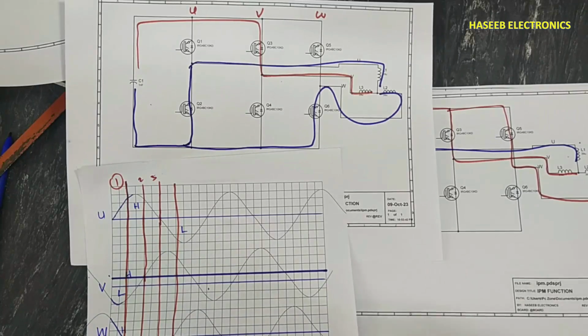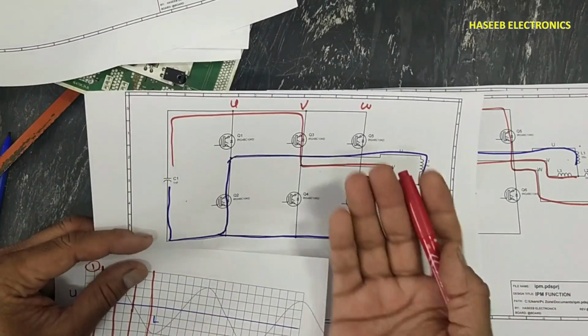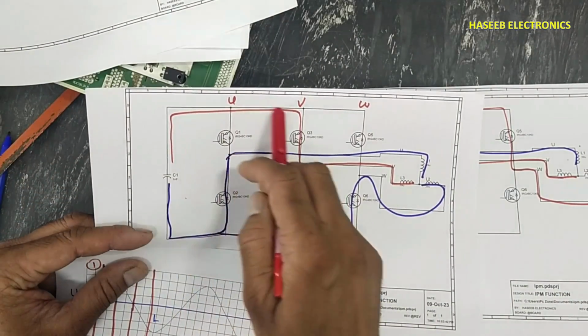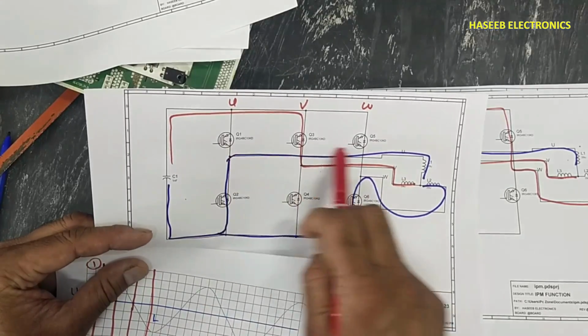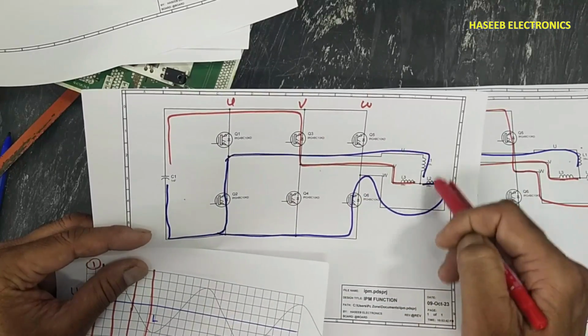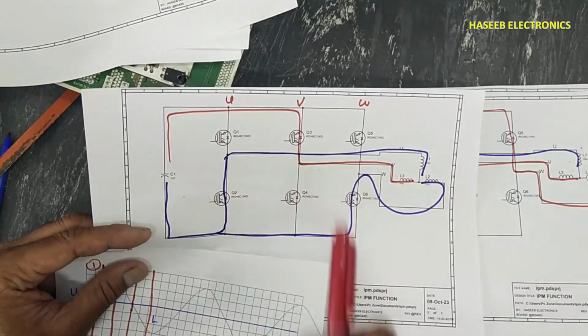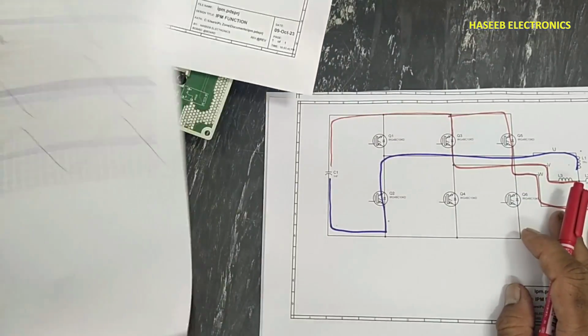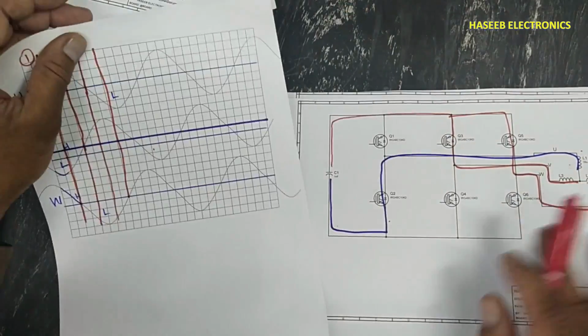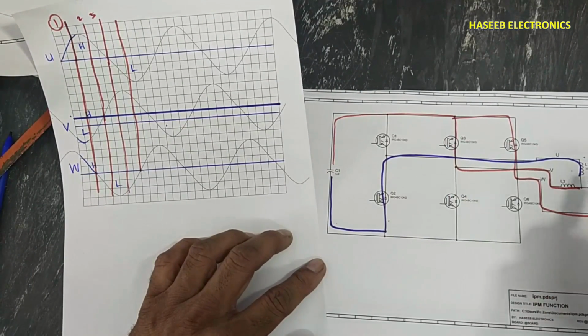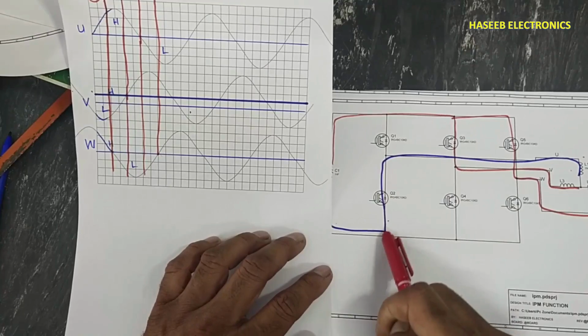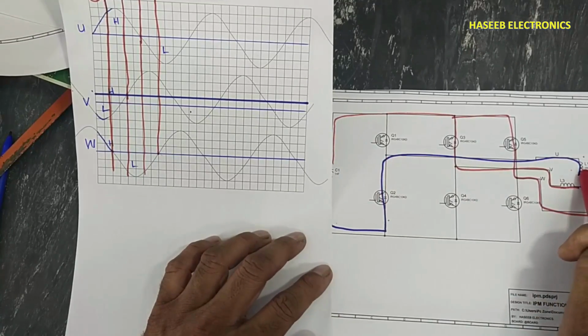Now we can compare the current flow in the compressor winding. In the last step, positive voltage was reaching this winding and these two windings were receiving negative voltage, the capacitor negative side. But now in this sequence, this IGBT and this IGBT will receive positive voltage and this one will provide negative voltage.